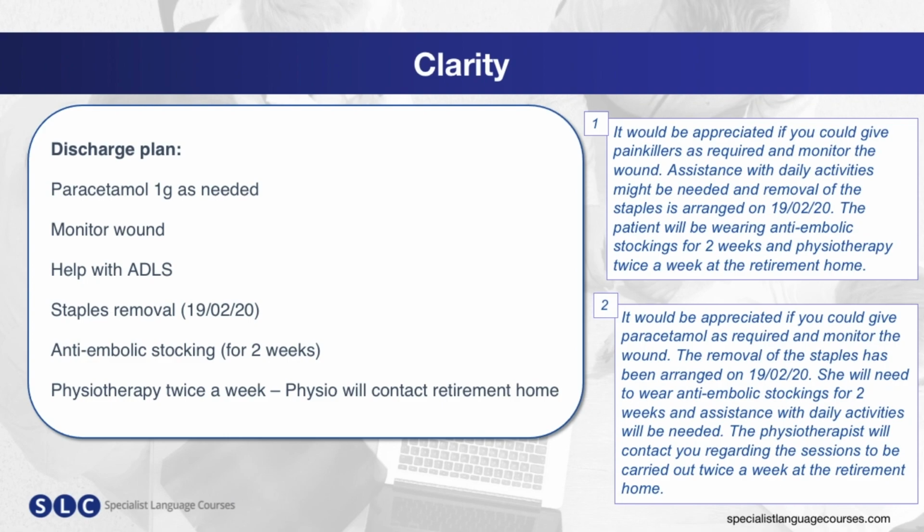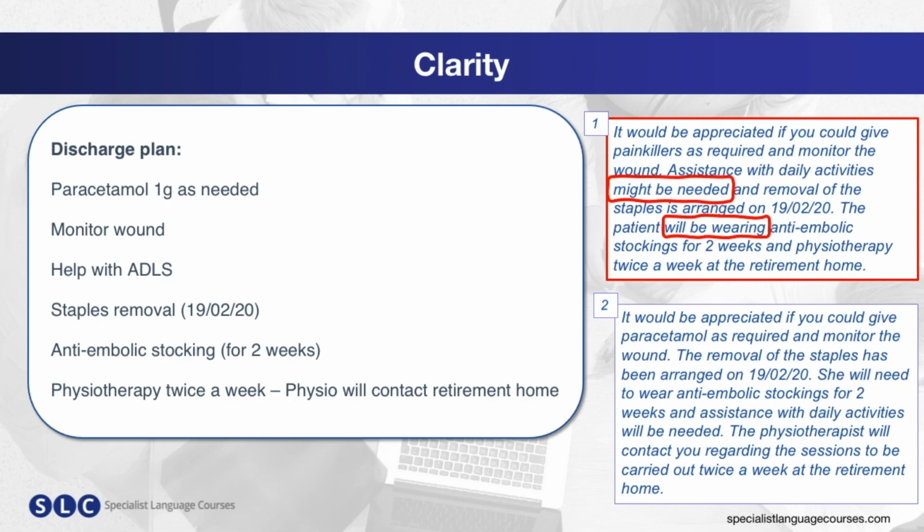The first example lacks clarity and it's also vague in places. It says the assistance with ADLs might be needed, possibly raising questions or doubts for the reader. Well, is it needed or is it not? It also states that the patient will be wearing anti-embolic stockings rather than informing the reader that it's necessary.